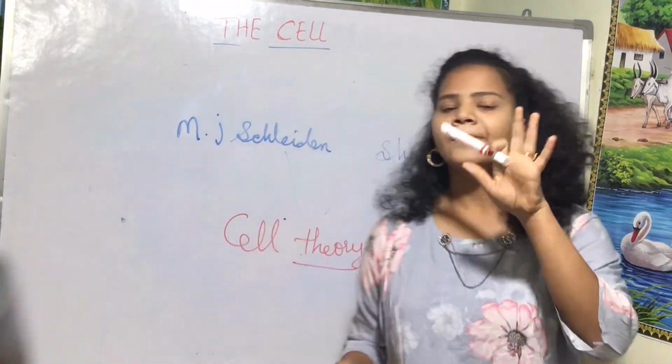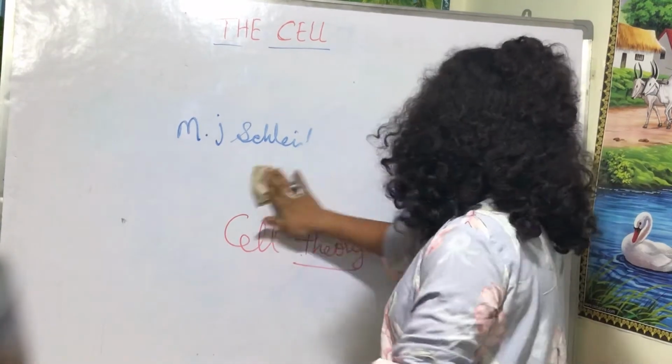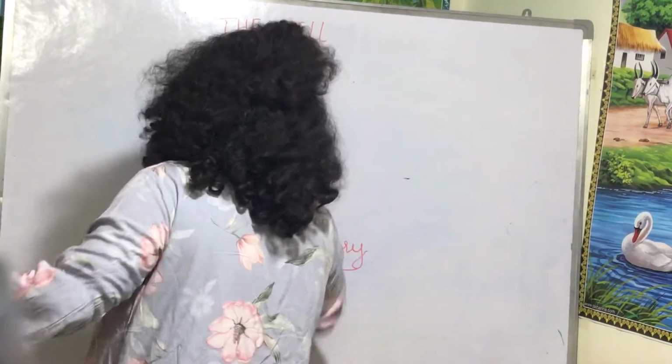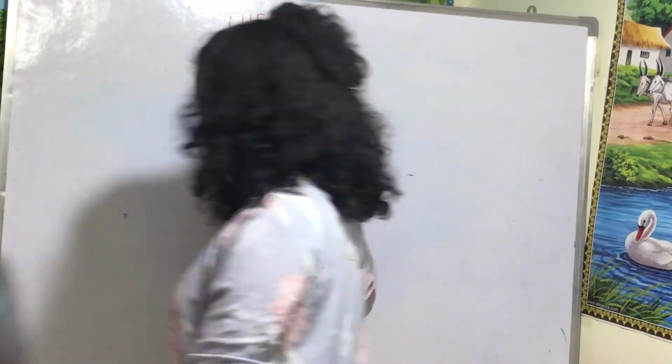Then came Rudolf Virchow. He postulated three principles. So the first principle is that the cell is the basic structural and functional unit of life, as we all know.